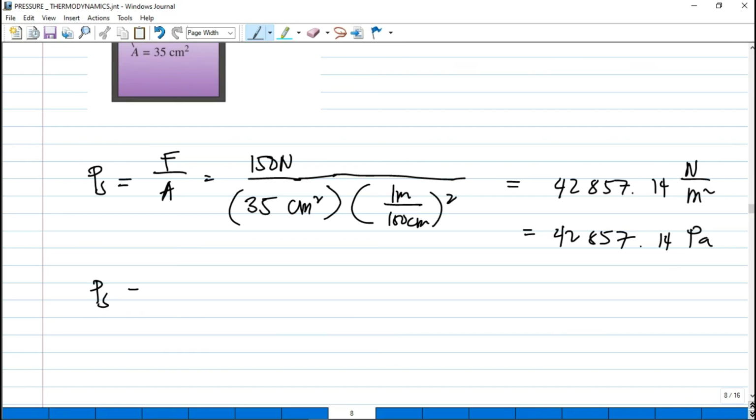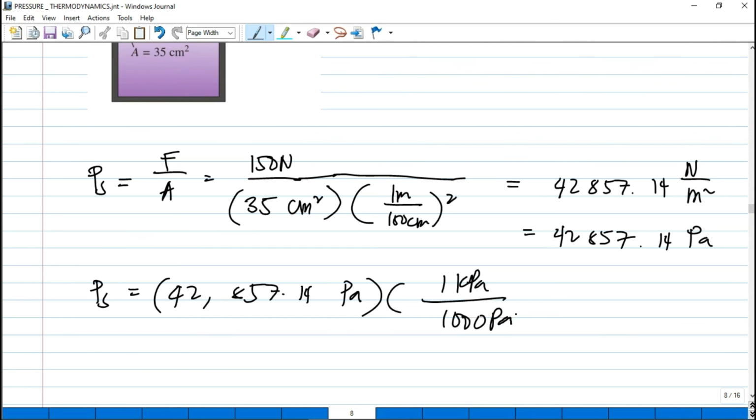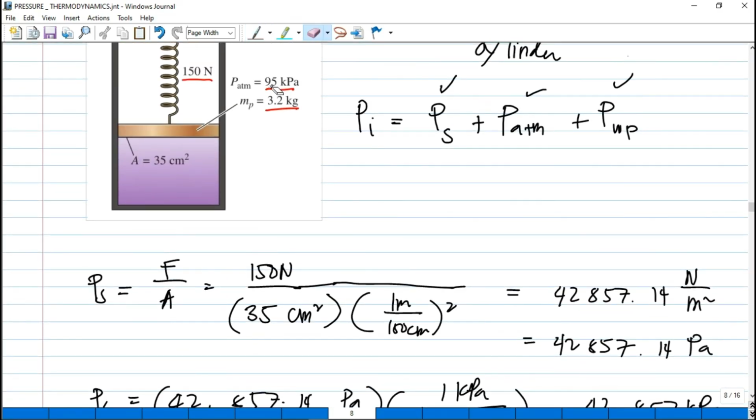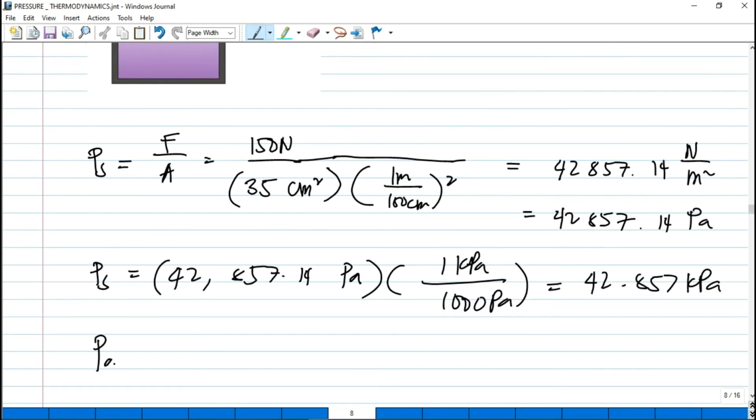So pressure ng spring is 42,857.14 pascals. We have here 1 kPa per 1,000 pascals. So that's just equal to 42.857 kilopascals. So atmospheric pressure is given by 95 kilopascal. So atmospheric pressure is 95 kPa.